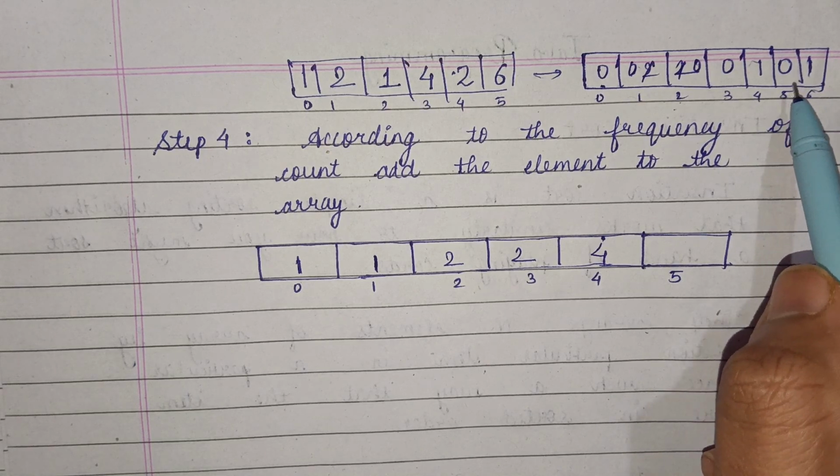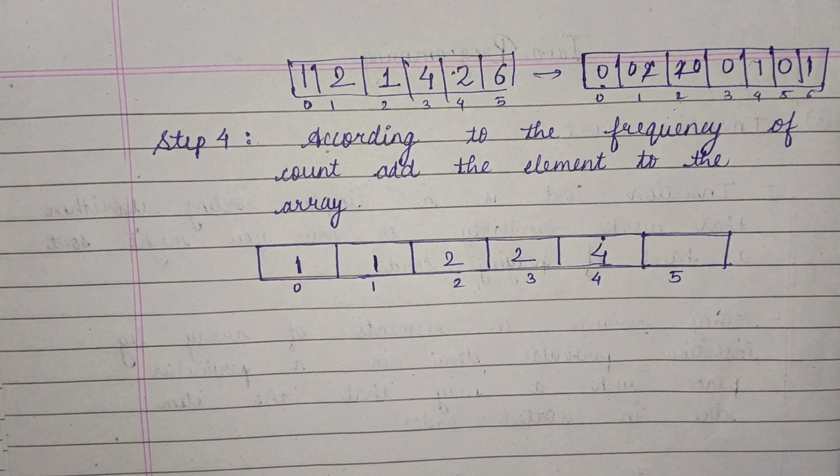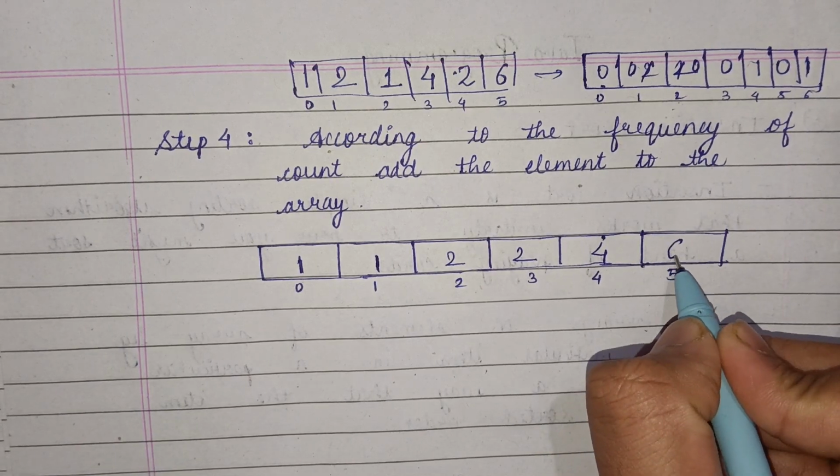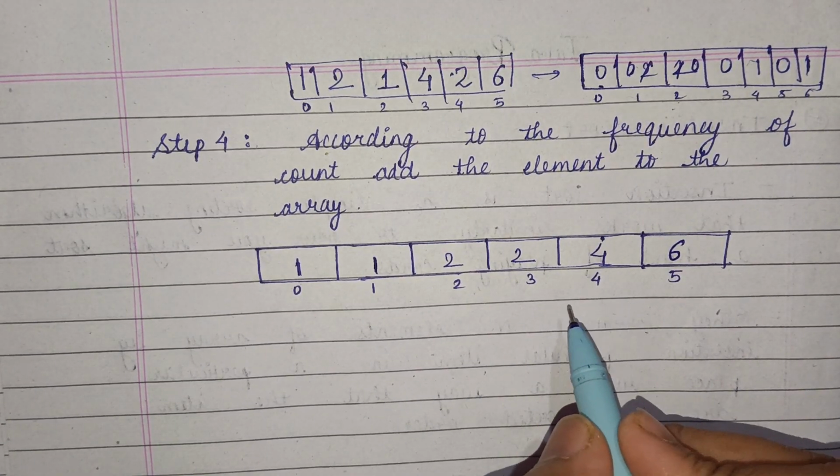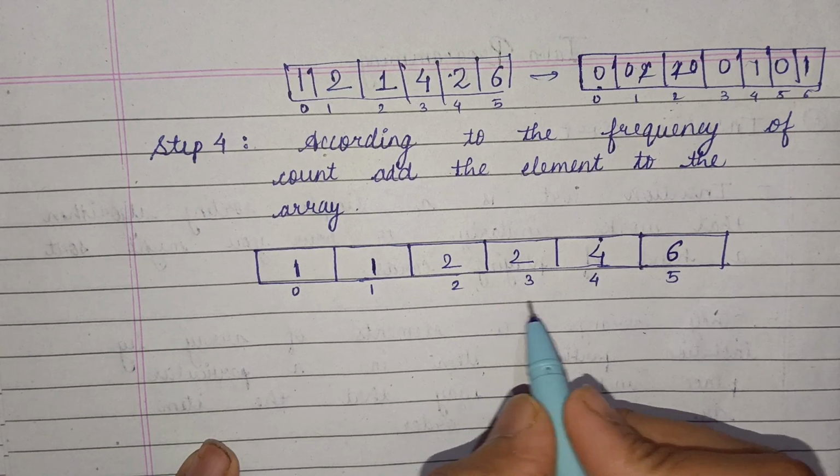Then 5 has occurred 0 times, so we will not take it. 6 has occurred 1 time, so we will write 6 here. So we have the sorted array.